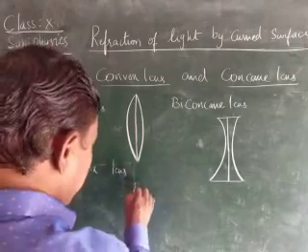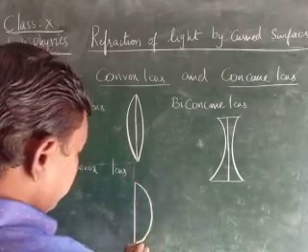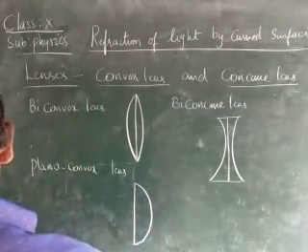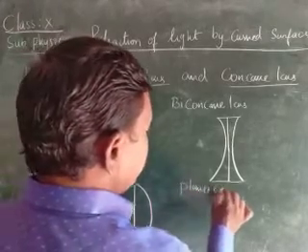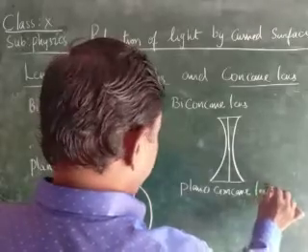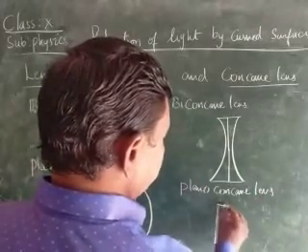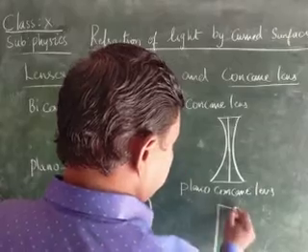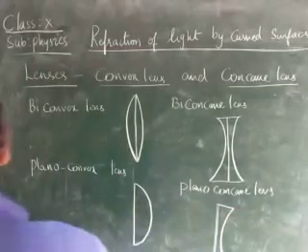Plano-convex means one side plane, one side convex. Plano-concave lens. This is a plano-concave lens.